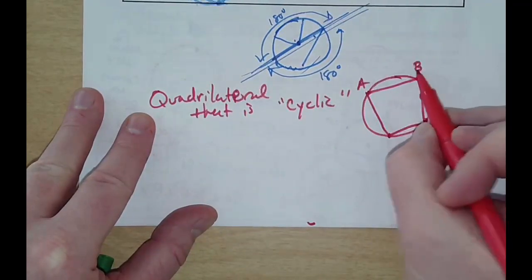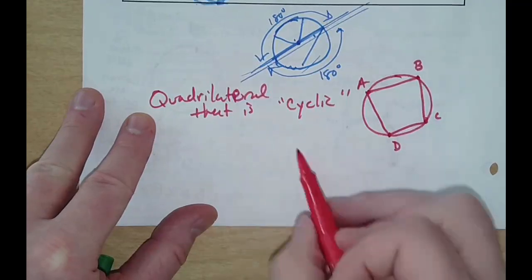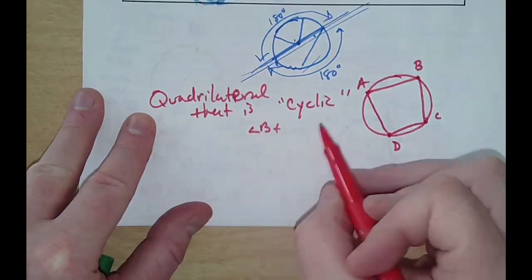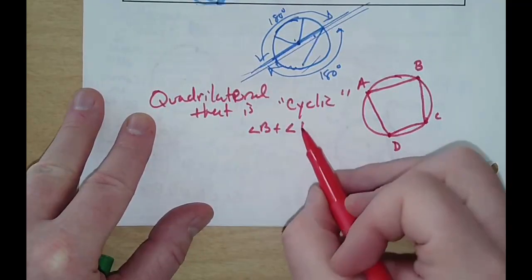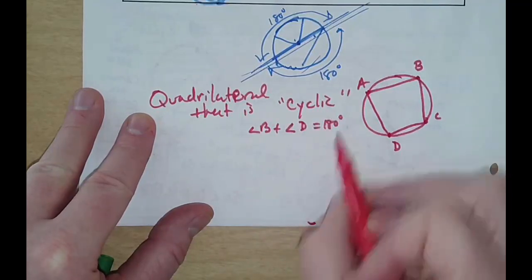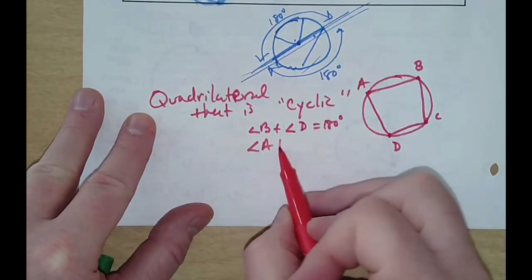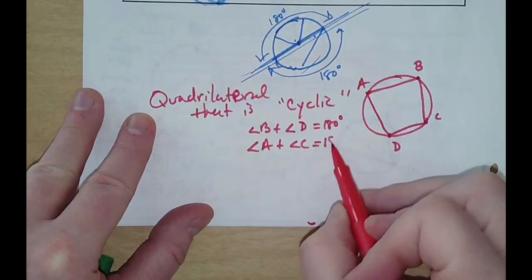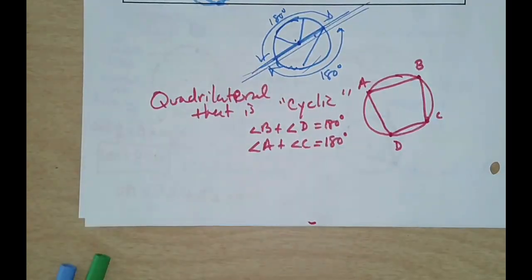Call it A, B, C, D. Then angle B plus angle D is 180. Angle A plus angle C equals 180.